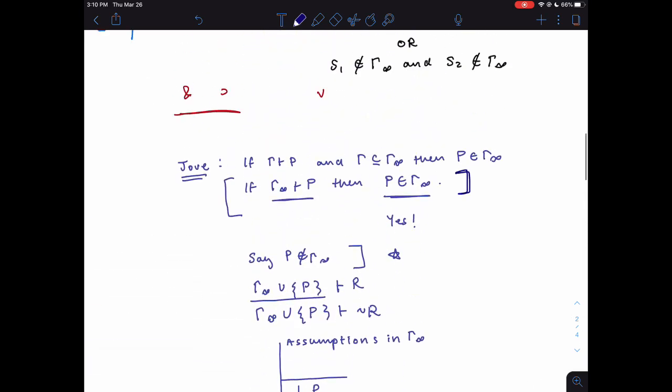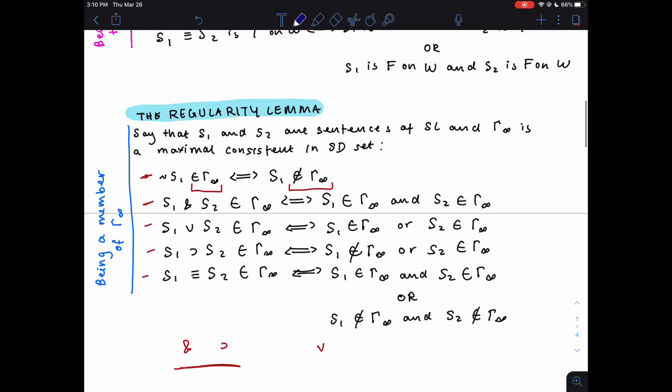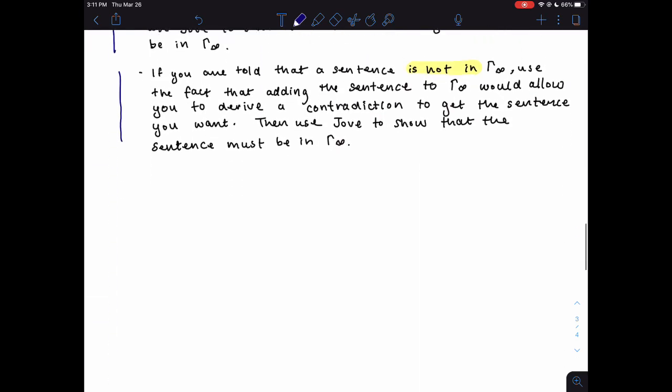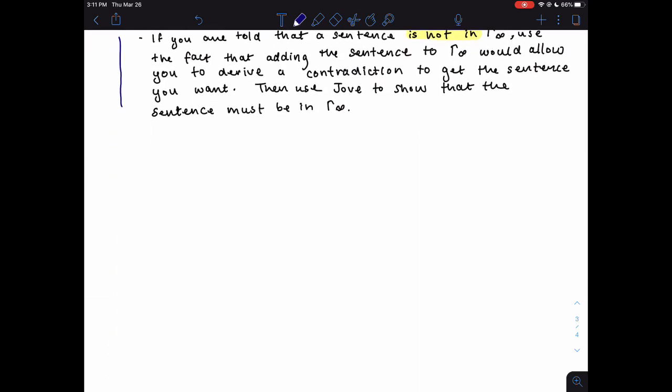I'm going to scroll back up and remind everyone that this is the claim that we're proving. We have to prove each case of the regularity lemma, and there are 5 cases. So we're proving this biconditional claim first. I'll write it back down here. This is the and clause of the regularity lemma.